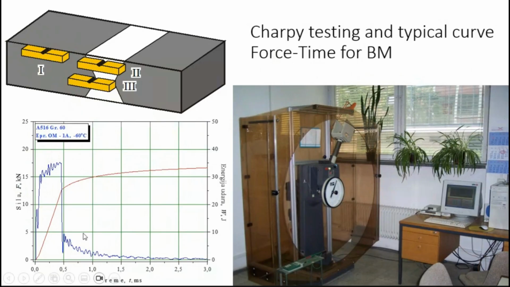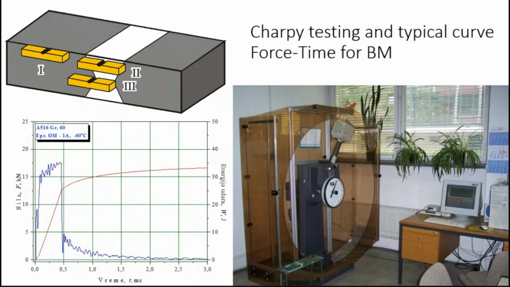Knowing data like this, you can conclude about crack behavior of the material, because if crack initiation energy is much higher than crack propagation, that is one way of crack resistance behavior, and completely different is the other option.